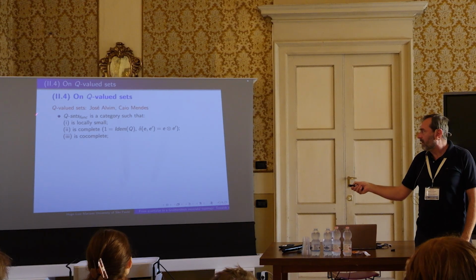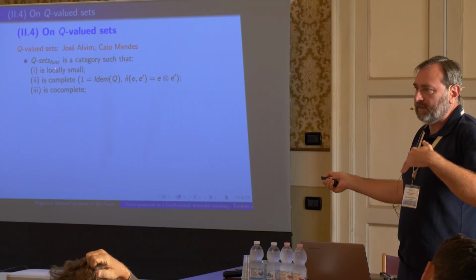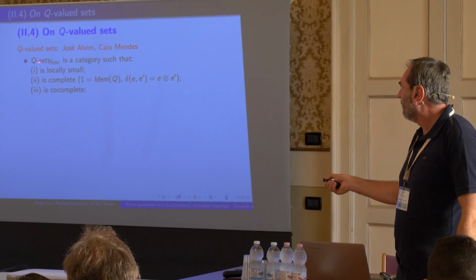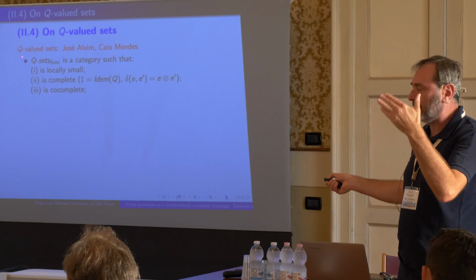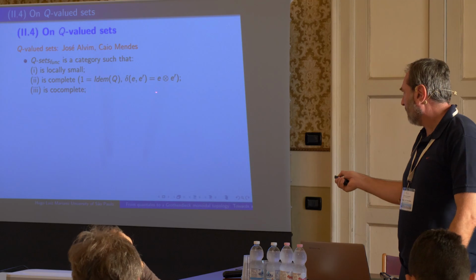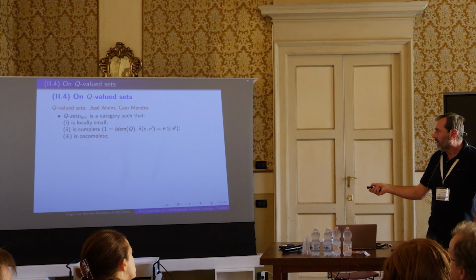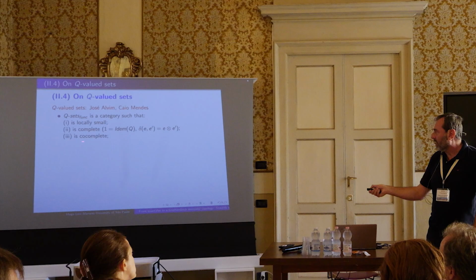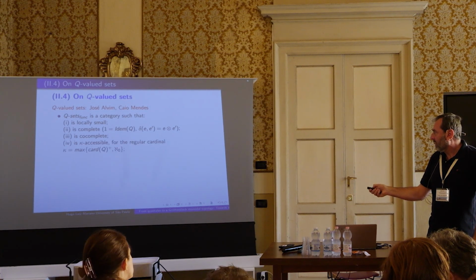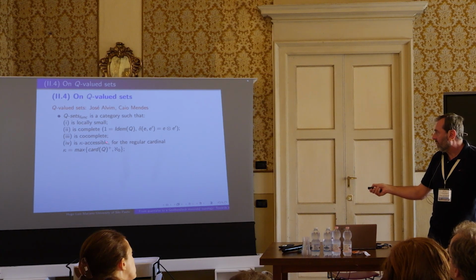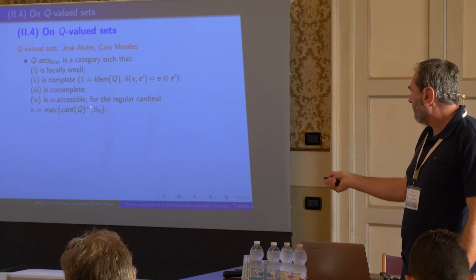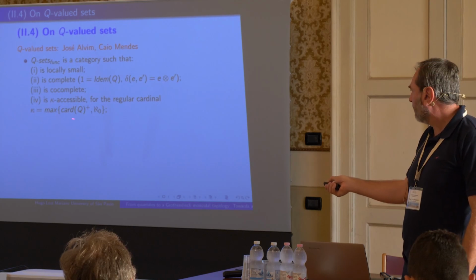So the category of Q-sets and functional morphisms is completely analogous to the category of locale-valued sets and functional morphisms in terms of definition. It's locally small, it's complete, it's easy to calculate the limits. It's cocomplete, the coproducts are easy, but coequalizers not. But in fact, it is a kappa-accessible category, where kappa is a regular cardinal, okay?